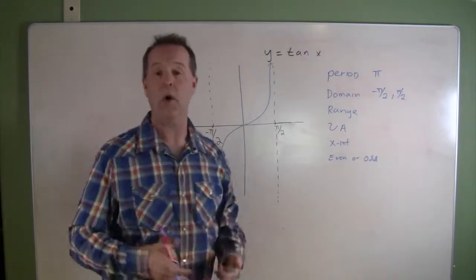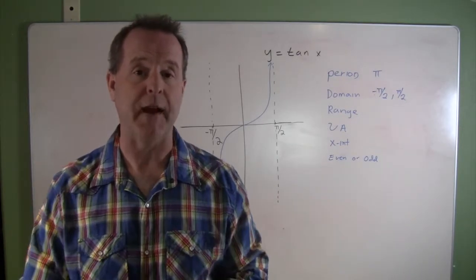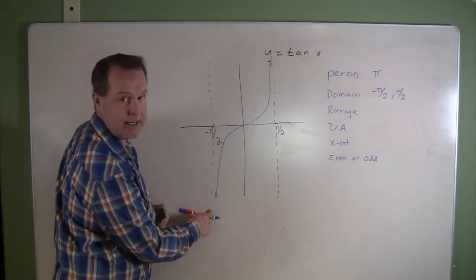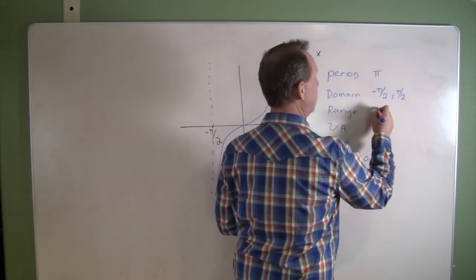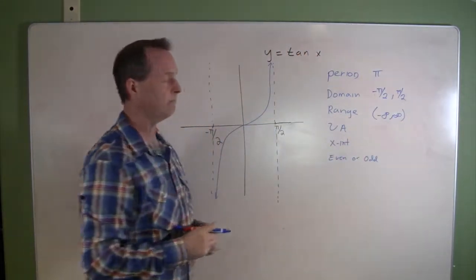Its range: what are all the values that we'll get out depending on what value we put in? And so this range looks like the arrow is continuing negative forever and going positive forever. So it looks like we have a range of negative infinity to positive infinity.